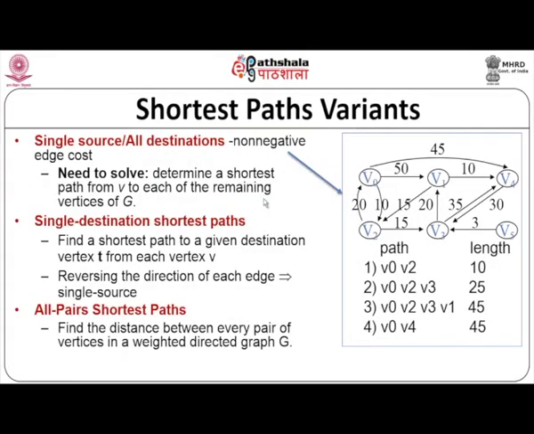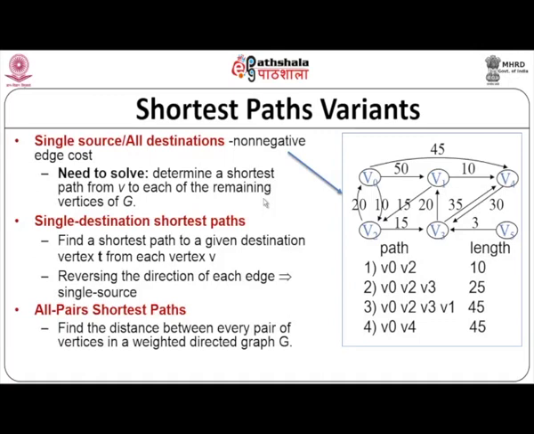Now, if you take this particular shortest path variant, single source all destination, we assume we have a non-negative edge cost, we will come to the negative later. We need to determine a shortest path from V to each of the remaining vertices of the graph.